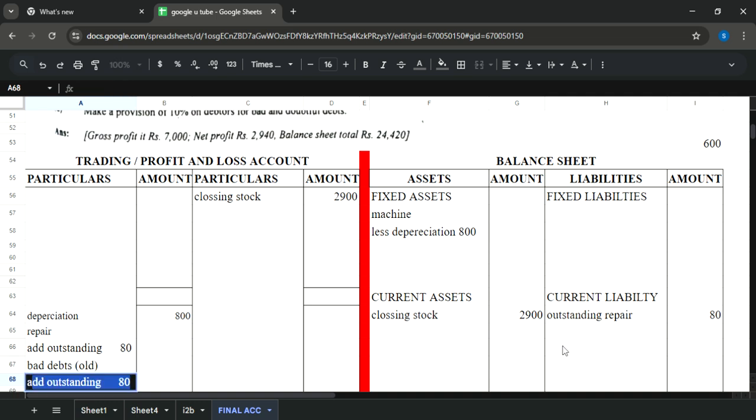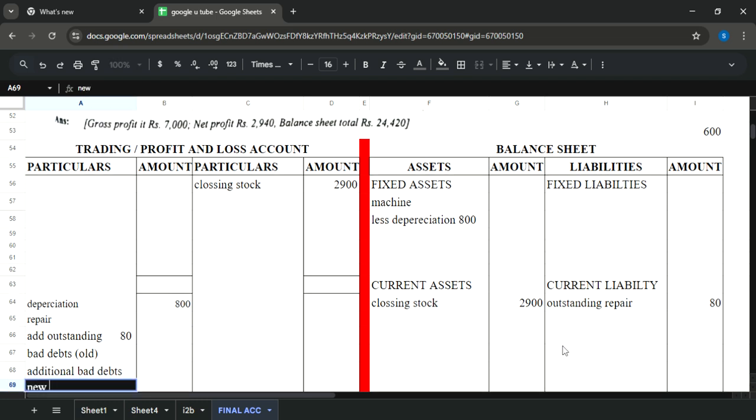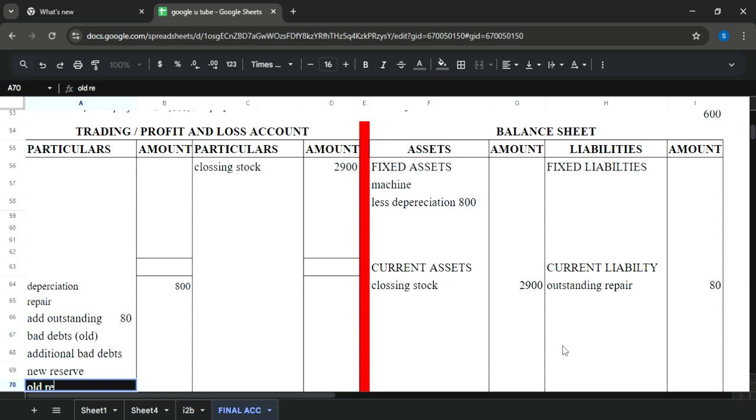Then we have additional bad debts, new reserve, and old reserve. So please understand four words: B for bad debts, A for additional bad debts, N for new reserve, O for old reserve. So B plus A plus N minus O, this is what we are going to do.